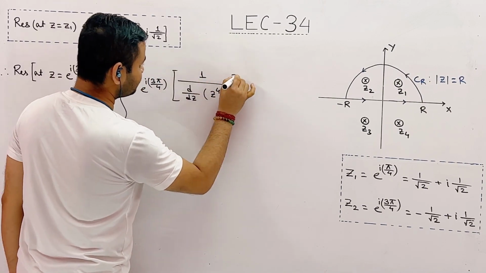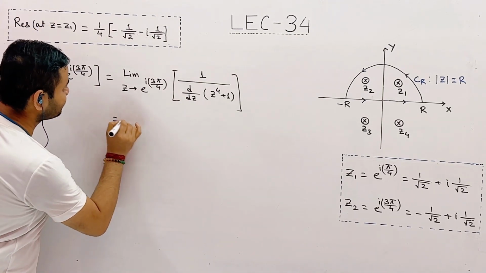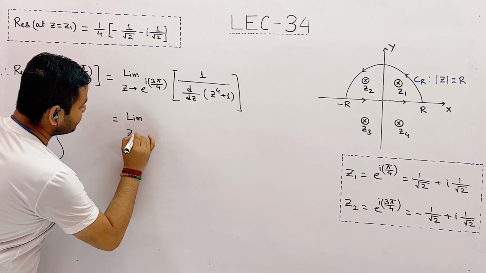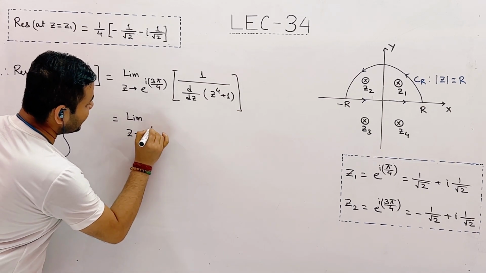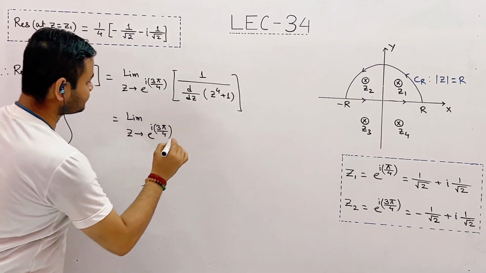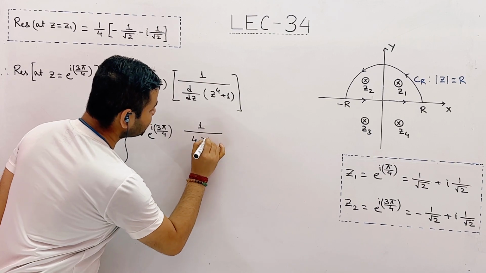After simplifying this term, we will get limit z tends to e to the power iota into 3 pi by 4 of 1 divided by 4 into z cube.